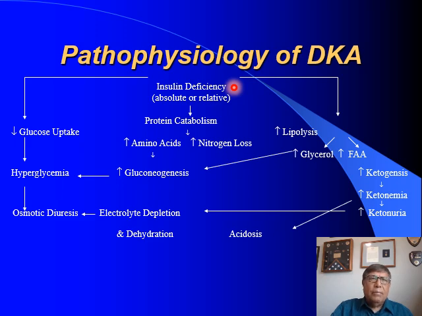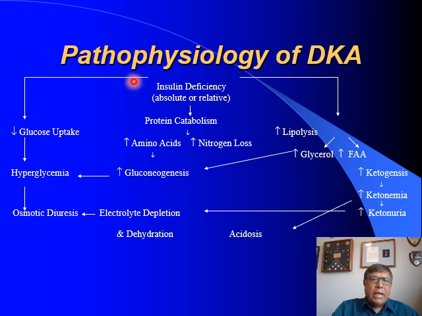But most of the time when they come with DKA, we should consider that it is an absolute insulin deficiency state. So what happened as a result of that? It has an effect on carbohydrate, protein, and fat metabolism.